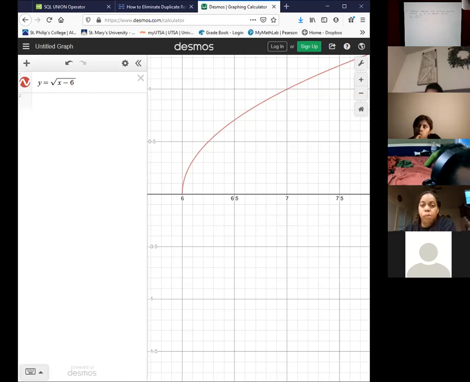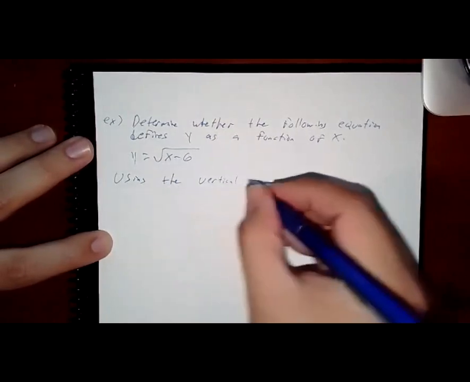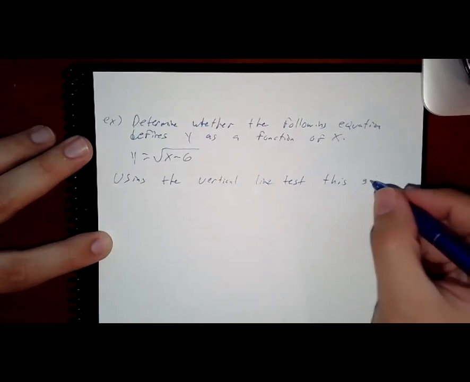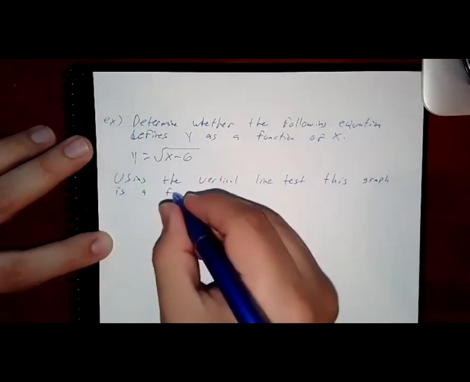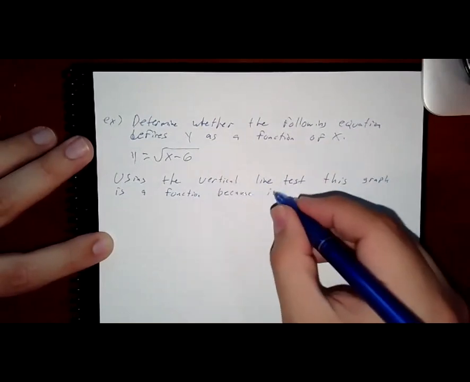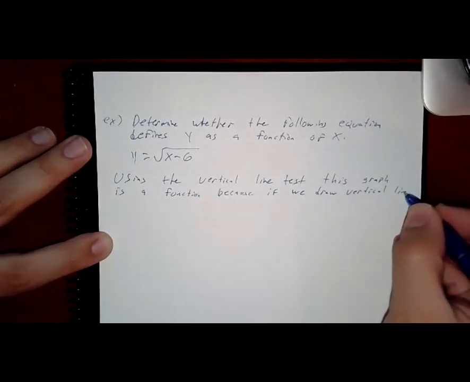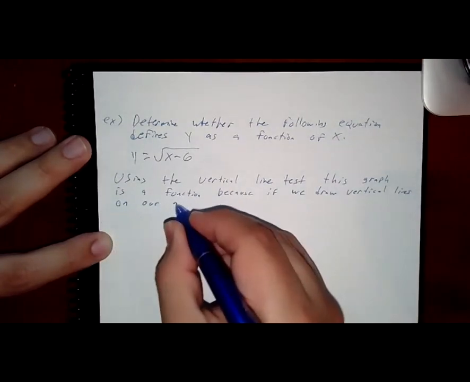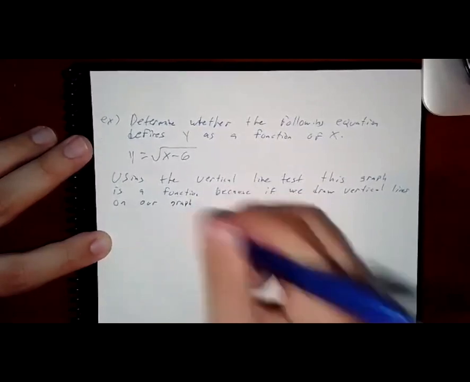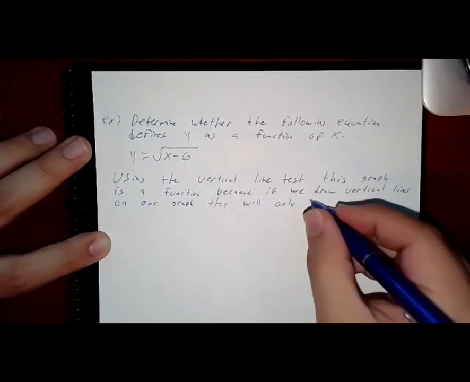So back to using the vertical line test. If the graph is a function, and we draw vertical lines on our graph, then they touch the graph only once.